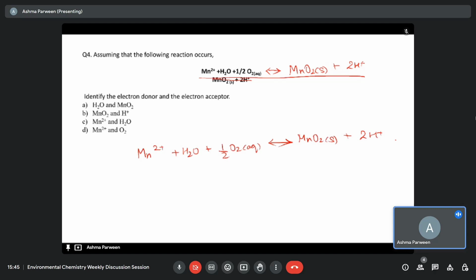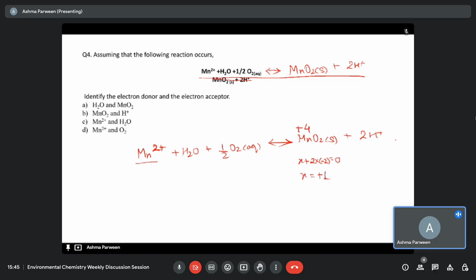Here we can see the charge of Mn is 2+. Let's see what is the charge of manganese in MnO2 solid. Let's assume it as X plus 2 times oxygen, which is minus 2, equals 0 because there is no charge on the compound. So X is plus 4. So here the manganese is plus 4.